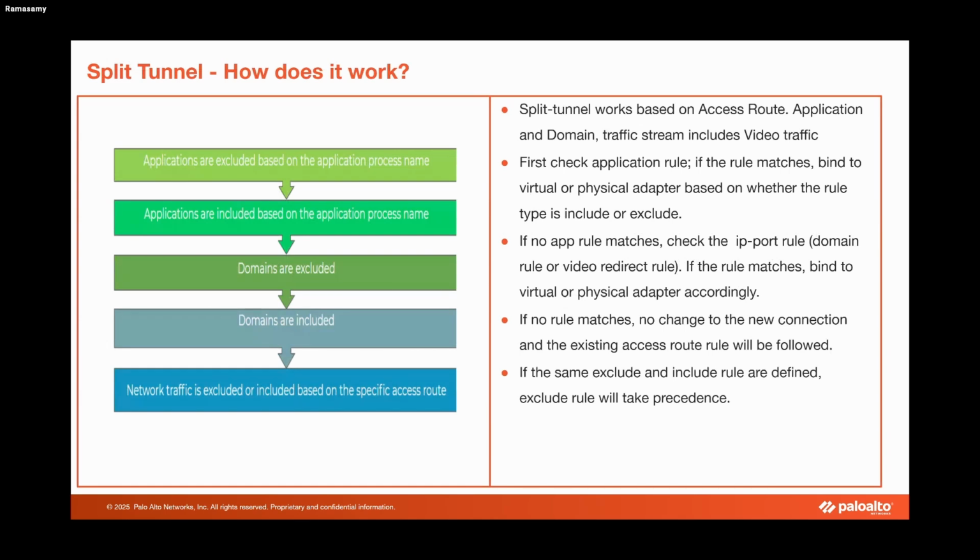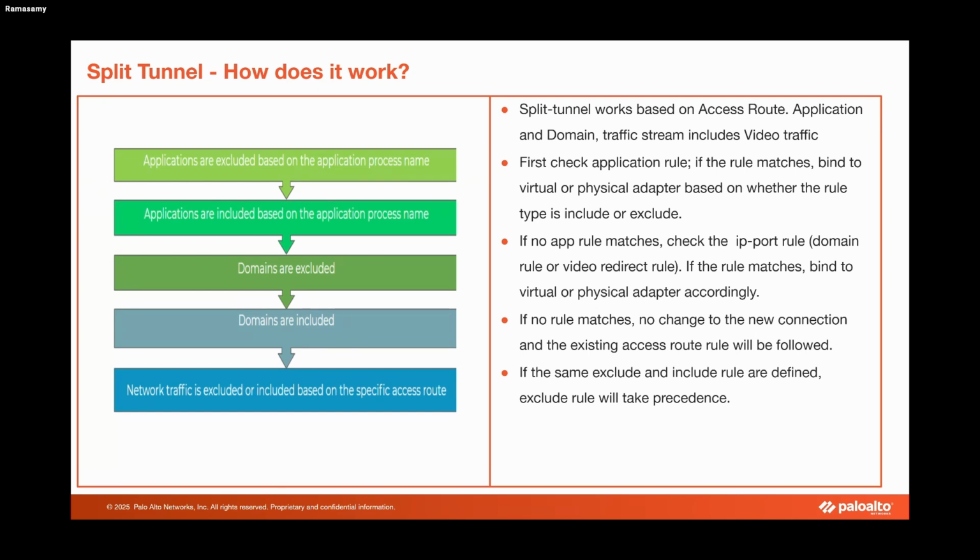Split tunnel can be configured based on a couple of options. Example, access routes, domain name, applications, and HTTPS video streaming applications. The split tunnel rules are applied in the following order as shown in the diagram.